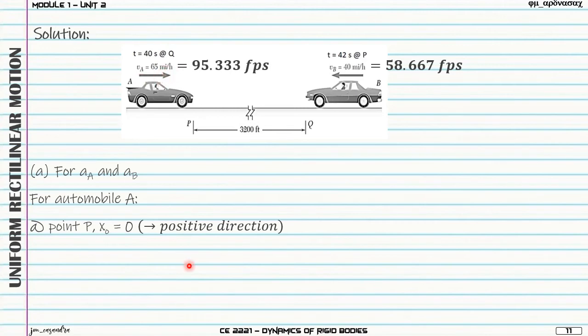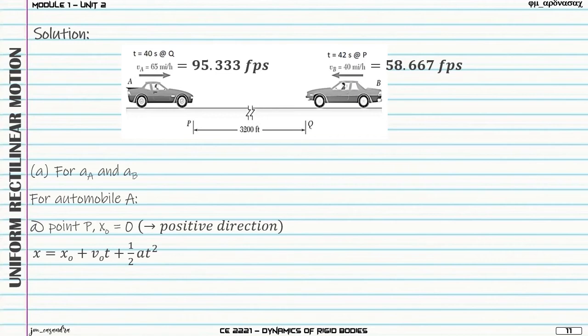With that, we can now use our equation for position. We now have x is equal to x sub O plus V sub O times t plus 1/2 a t squared.